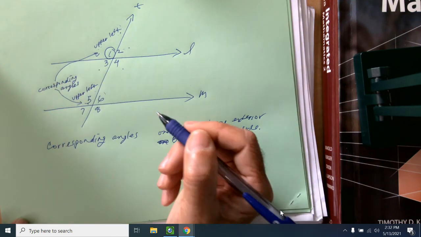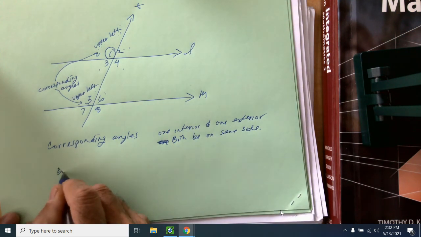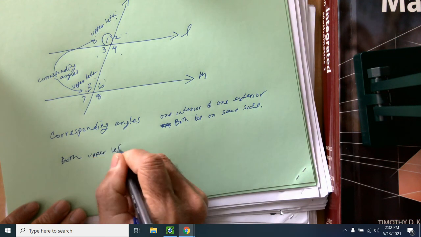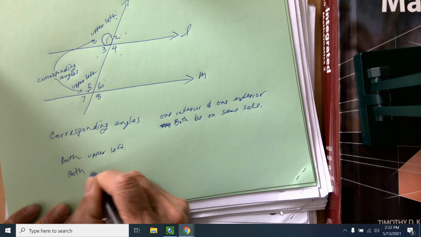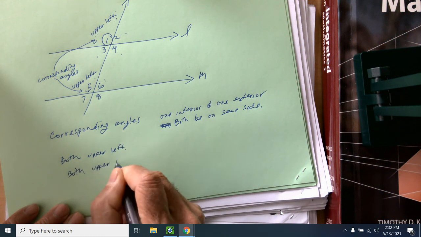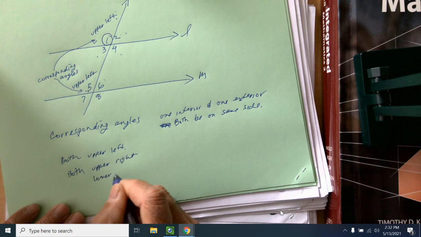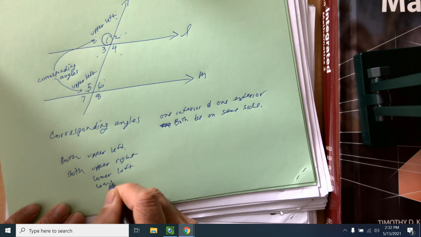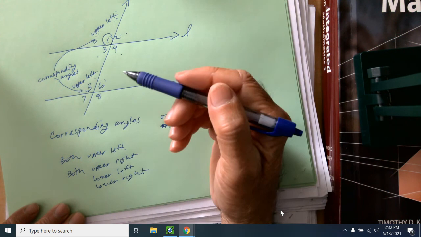Those are corresponding angles. So corresponding angles would be both upper left, both upper right, both lower left, or both lower right. Okay, so you've got 4 different angle pairs.